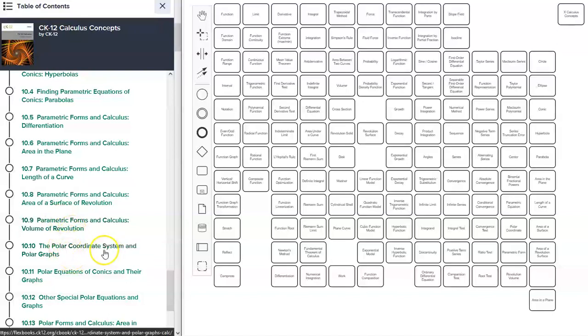Now we have the polar system, polar coordinate system, and polar graph. So we have polar graph. And we'll add it here next to the other polar coordinate. Polar coordinate system.